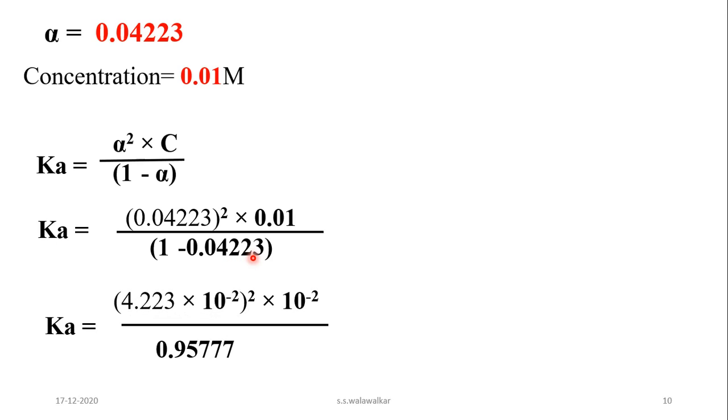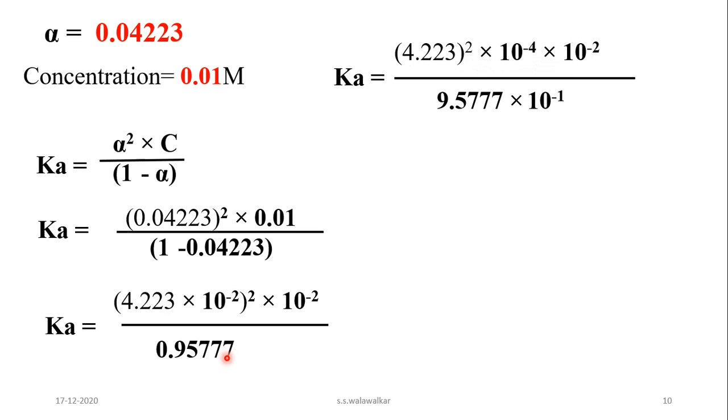That is 4.223 into 10 raised to minus 2, squared, into 0.01, which means 10 raised to minus 2, divided by 1 minus 0.04223, which is 0.95777.